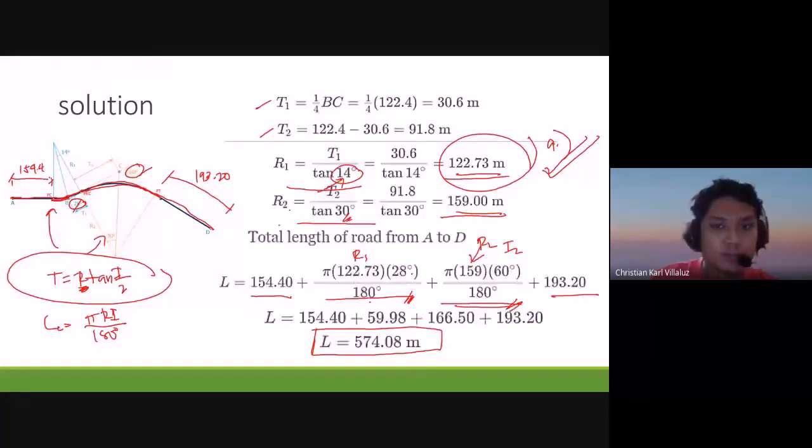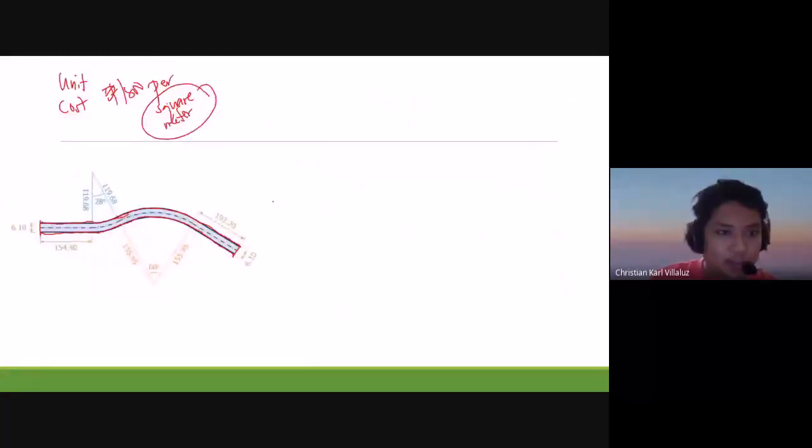So, going back here, we need to determine the area from point A to point D, and we can divide this into several parts. From point A to PC, the area is easy to find since it is a rectangle.